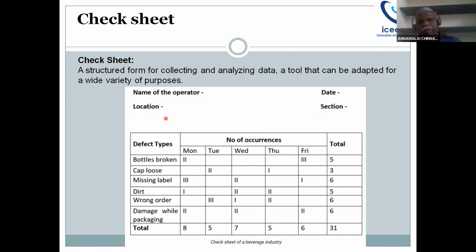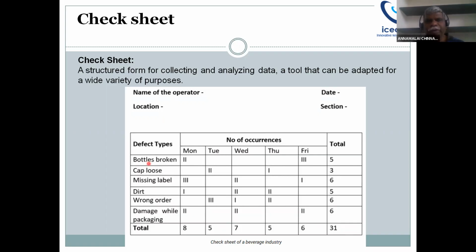There the empty bottles come to an automatic filling machine and get filled, then go to the next machine where the top cap is put, then to the next machine where the label is wrapped, and then to a conveyor to quality control, where some random samples are picked by the quality control person, and he checks what type of defects we are getting.